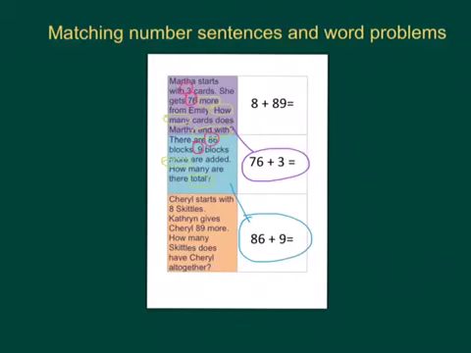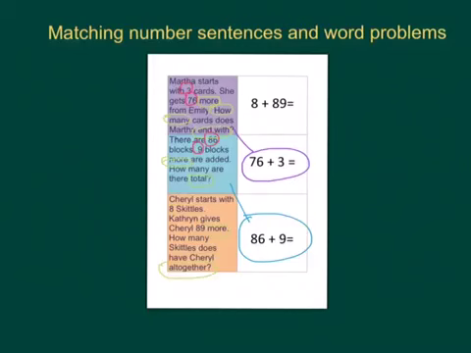Now, it's important that we check that I didn't just put this one in to trick you. Let's read it together. Cheryl starts with 8 Skittles. Catherine gives Cheryl 89 more. How many Skittles does Cheryl have altogether? So, here's the word more, so we know that we're adding on, and the word altogether also tells us we're using addition.